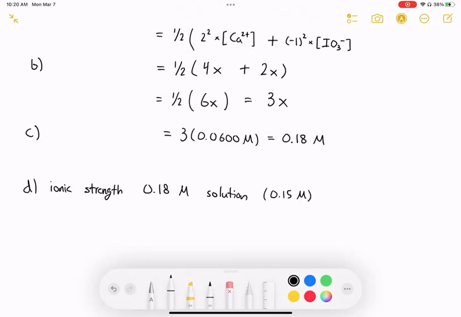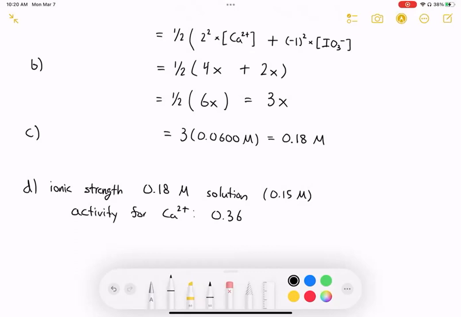If we go down to the calcium 2 plus, we see it has a value of 0.36. So the activity coefficient for calcium 2 plus is 0.36. That's just our coefficient.